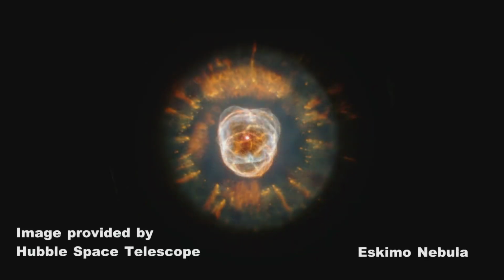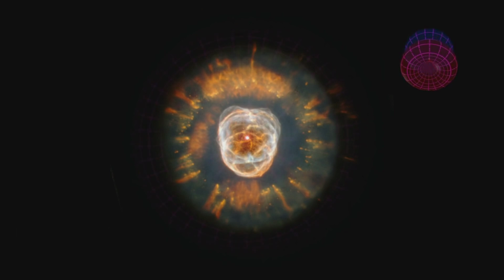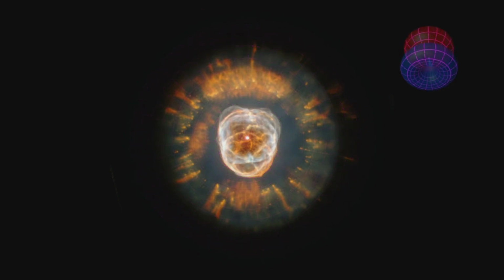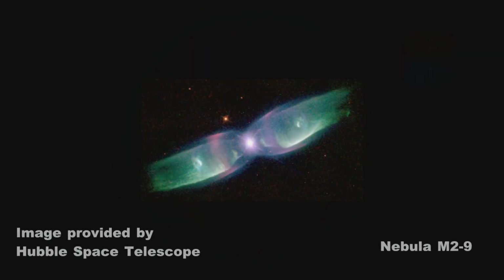The Eskimo Nebula is also easy to understand once you realize that it too is formed by bowl-shaped magnetic fields. Notice the bubbles inside of the nebula referred to as M29.